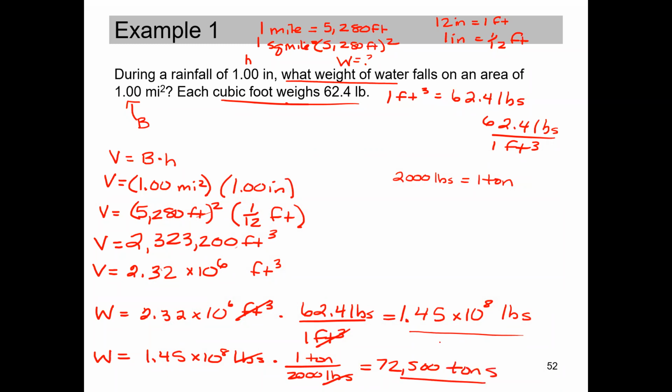So these are the same. That's a lot. We're talking an inch of water over a square mile will weigh 72,500 tons. I don't know if it's mind-boggling to you or not, but I think it's a lot.